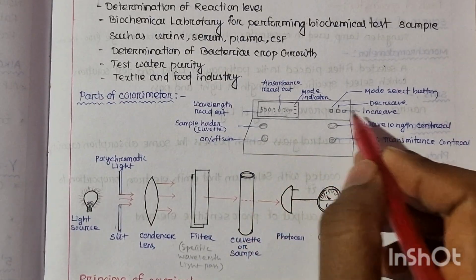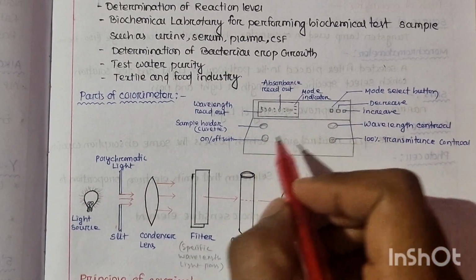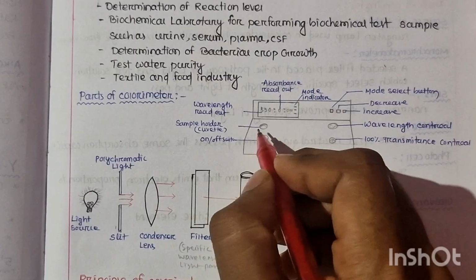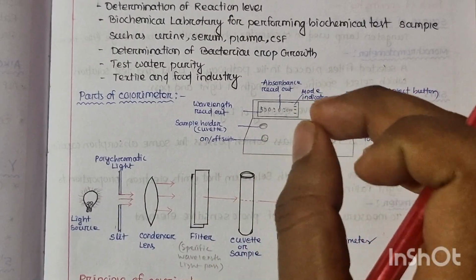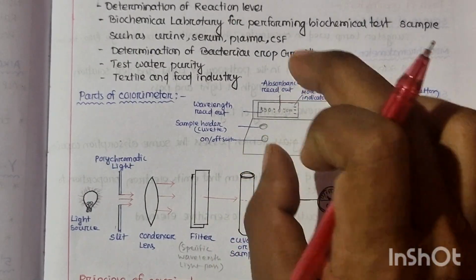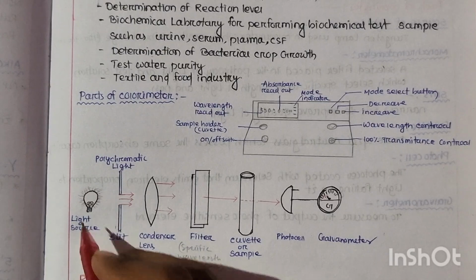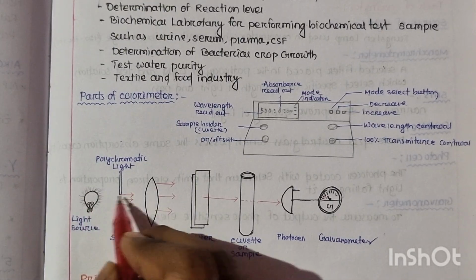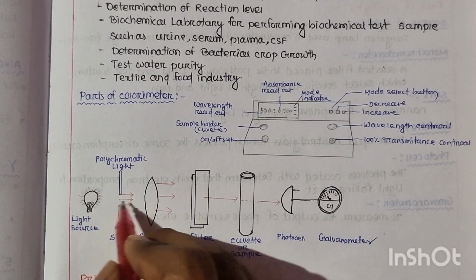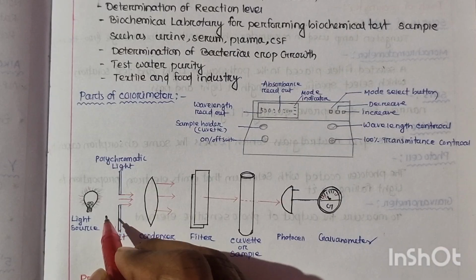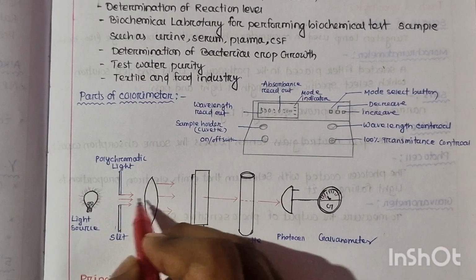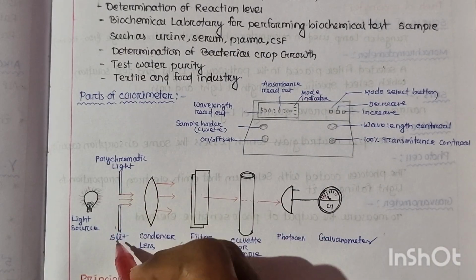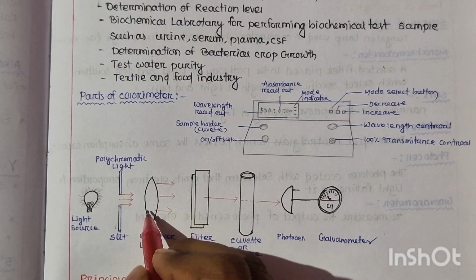Here is the picture diagram of the colorimeter. Here is the sample holder in which we add the cuvette or tube. The source of light is a tungsten lamp, by which polychromatic light in the visible range arises. Then after a slit it converts to monochromatic light.